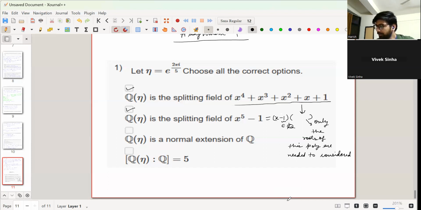So let me tell the definition once. Normal extension means any extension that is, oh sorry, I was confusing it with another kind of extension. Normal extension just means it is the splitting field of a certain collection of polynomials. So it is a splitting field of this x^5 minus 1, so it is a normal extension as well.